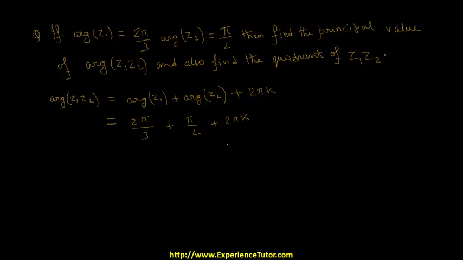To bring the argument in the principal range, k is equal to minus 1. So we have to put k is equal to minus 1 here.